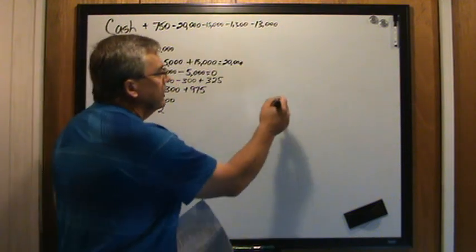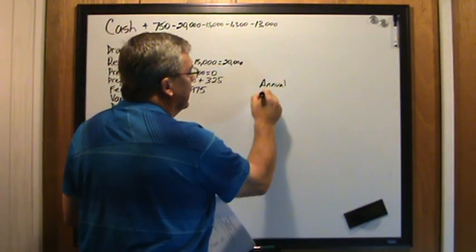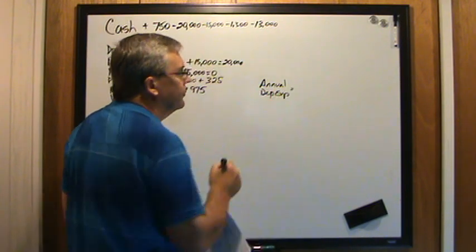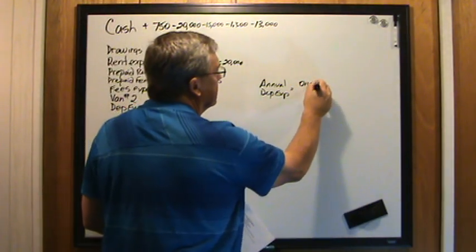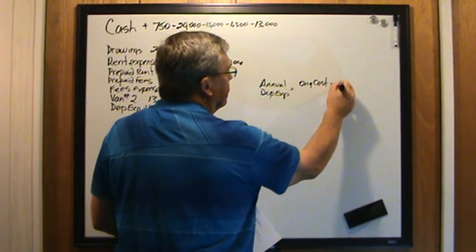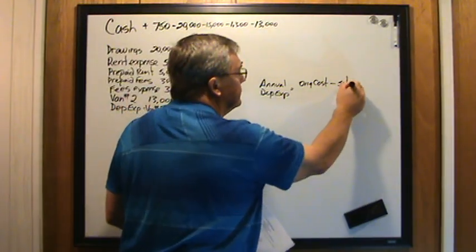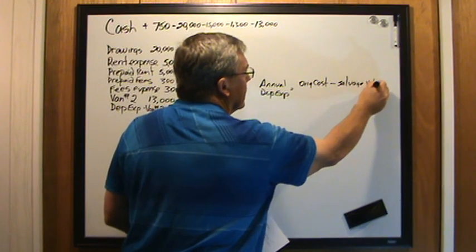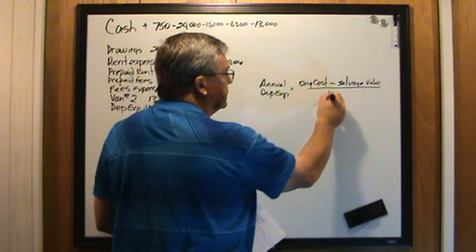So the annual depreciation expense is equal to the original cost minus salvage or residual value, divided by the life expectancy in years.